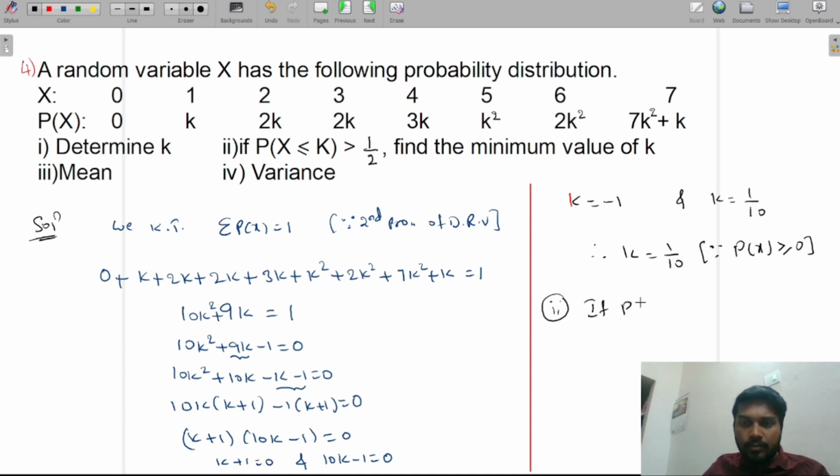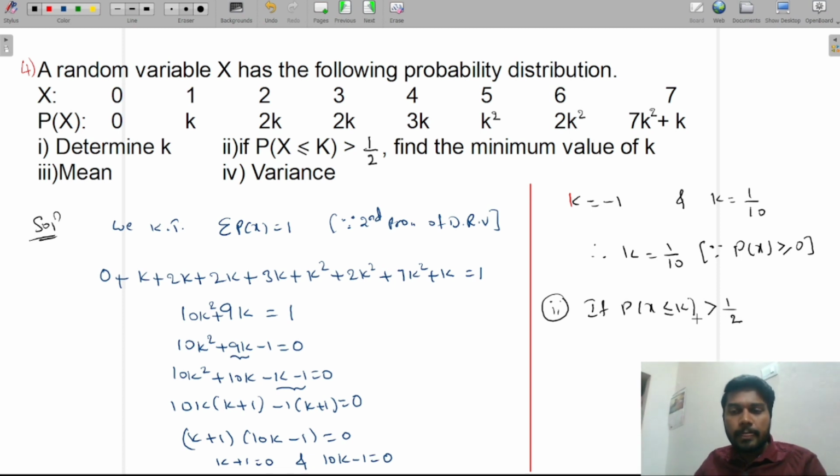If P(X ≤ k) is greater than 1/2, then which result is it? Here he is asking, at what value of k does the probability become greater than 1/2?